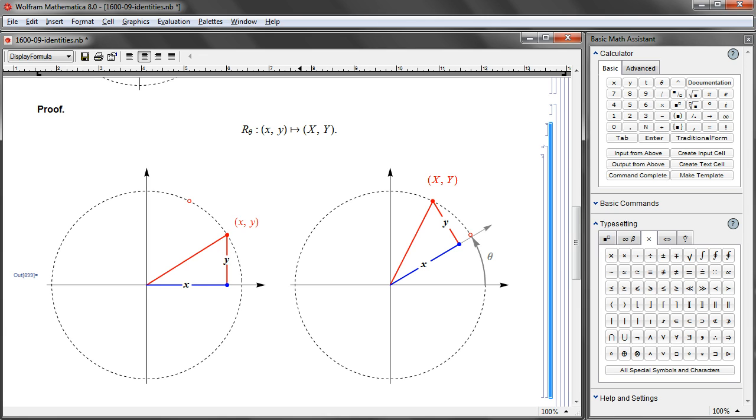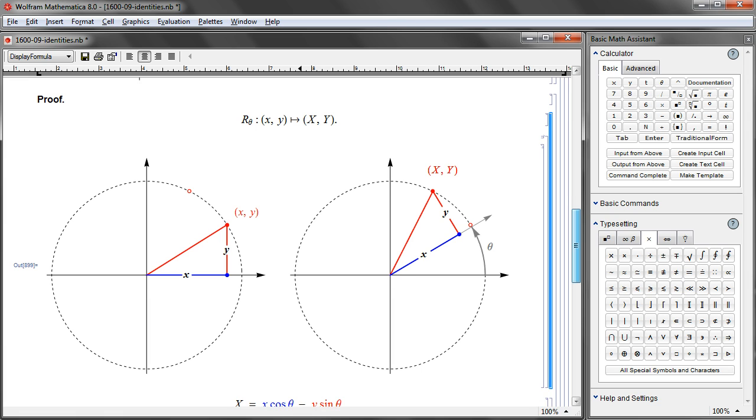Horizontal is x, vertical is y. Now, we are going to use the coordinate of this blue point of the second picture, the right hand side picture, as an intermediate step to find capital X comma capital Y. So keep this second picture in your mind.